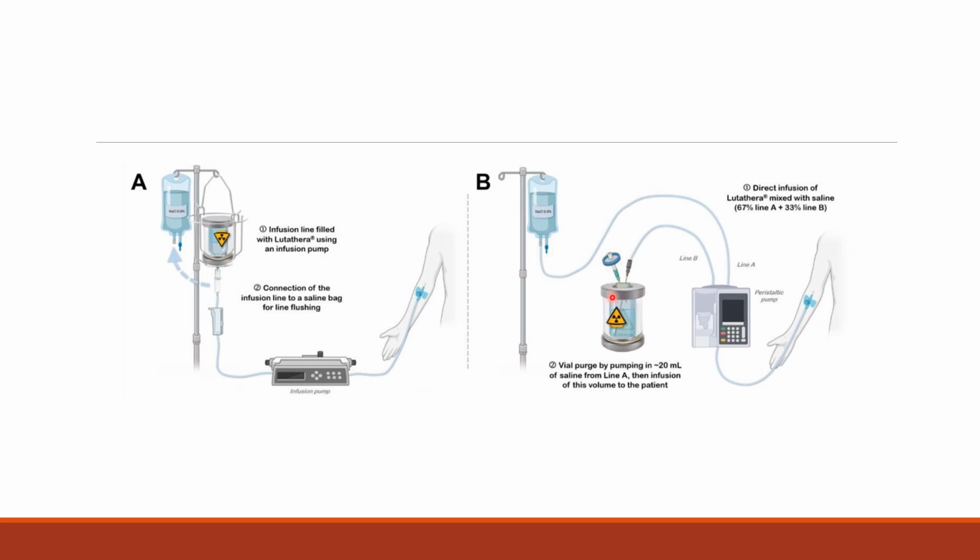And then you have basically, this is going in this way, and it's kind of forcing it in that way. So it's like sucking it up into the line, and then it goes to the patient. It's called a vial purge.